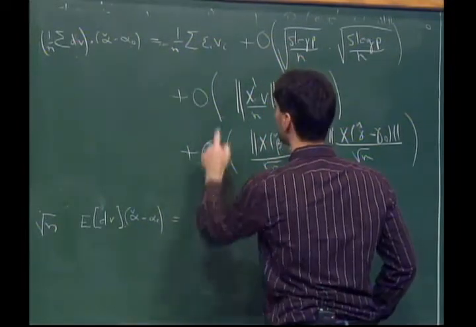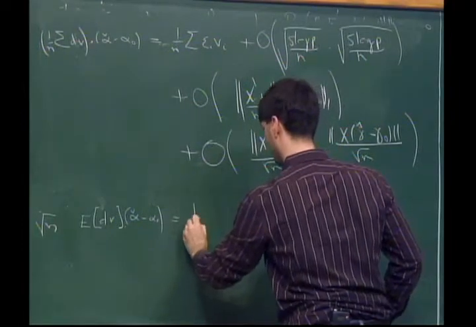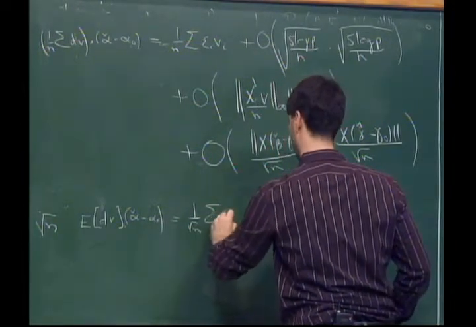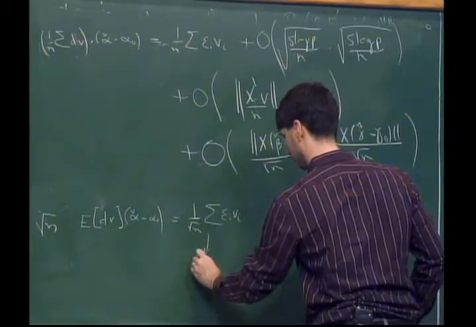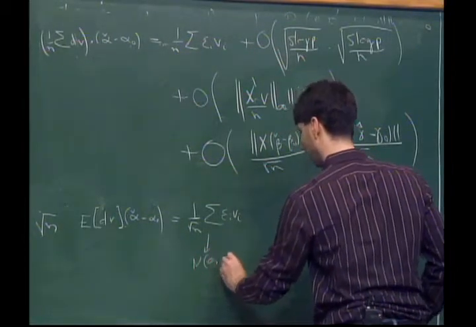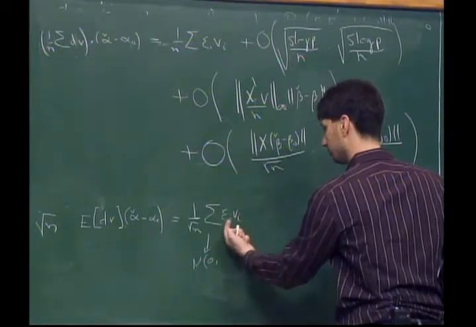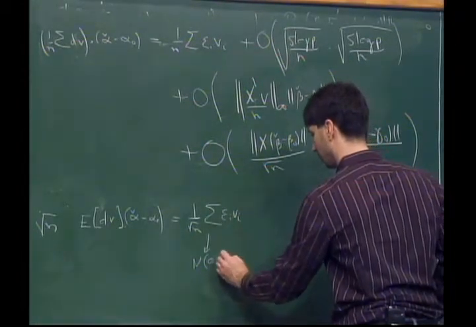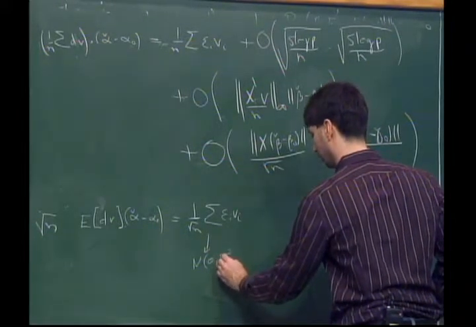And here, this piece is going to be 1 over root n, summation of epsilon i vi. That's going to go to a normal, with 0 mean, and the variance is going to be some sigma square alpha.